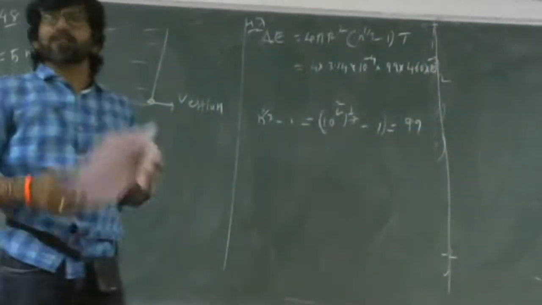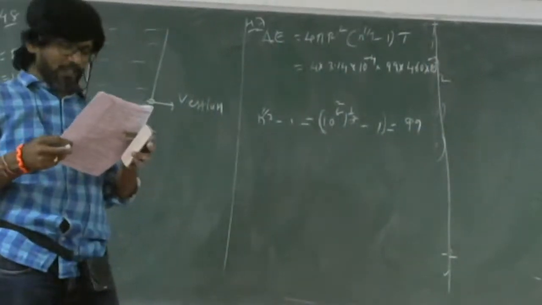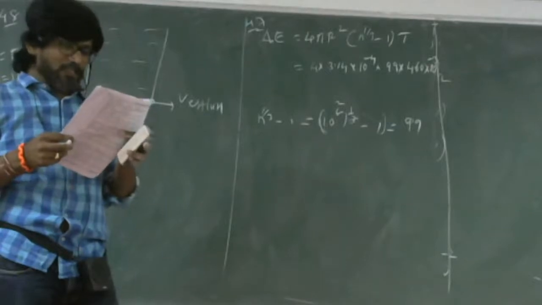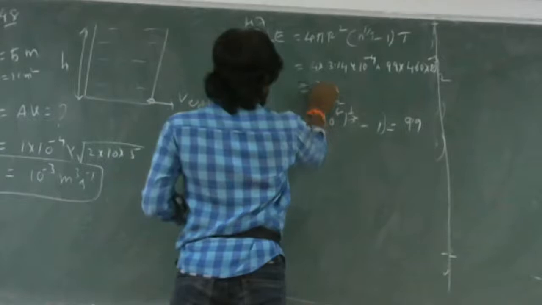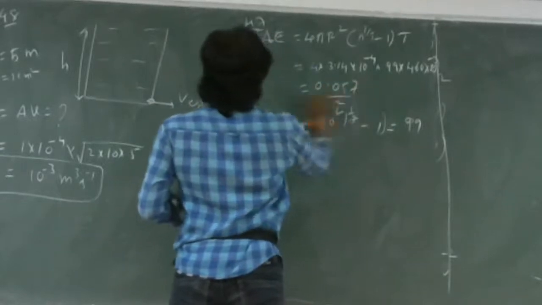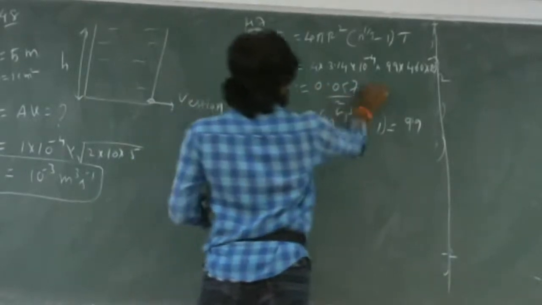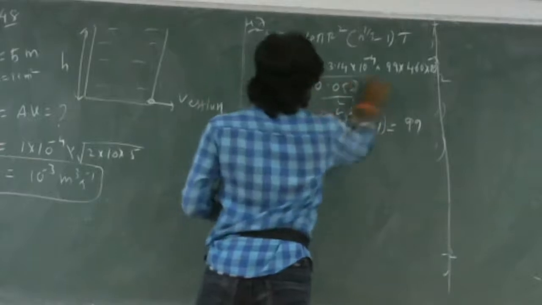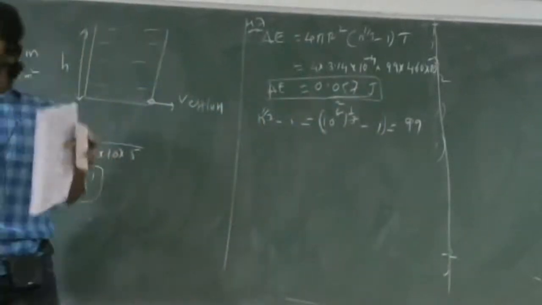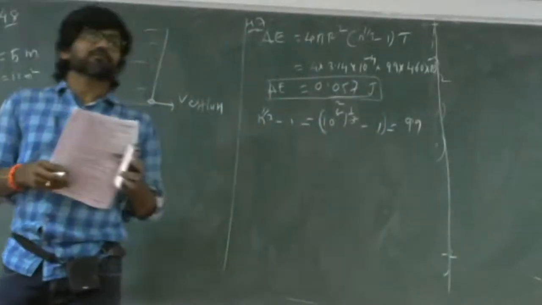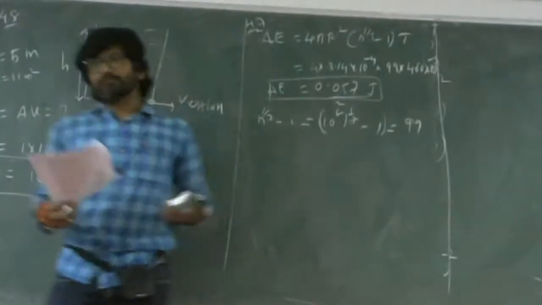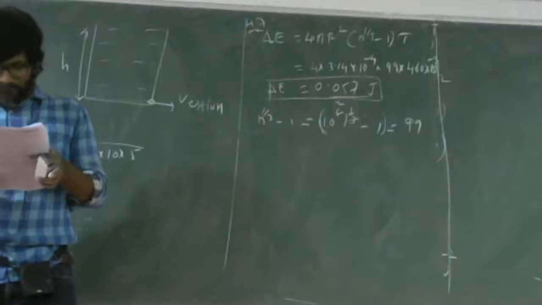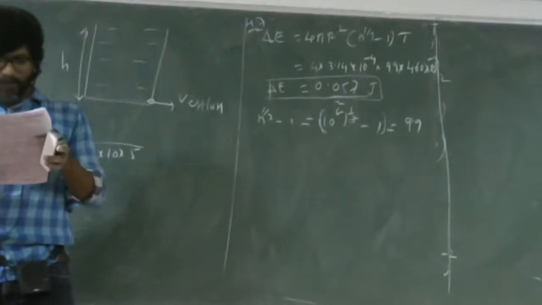If you simplify all these values, you will get 0.057. 0.057 joule is the energy expended, meaning the difference between the energy of the split drops and the bigger drop. Got it? So option 1.